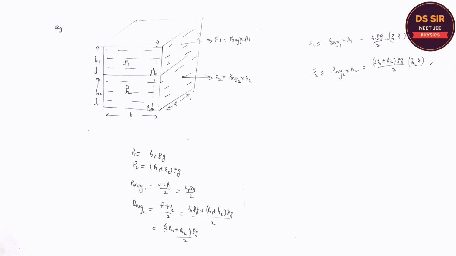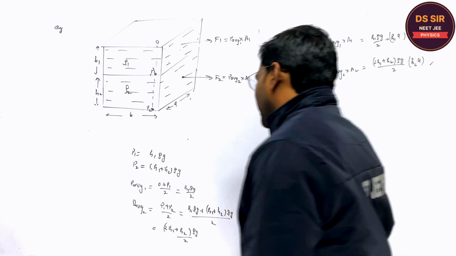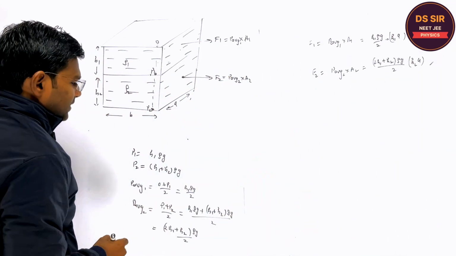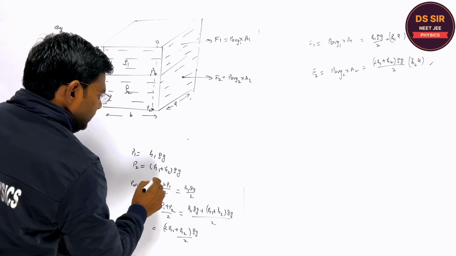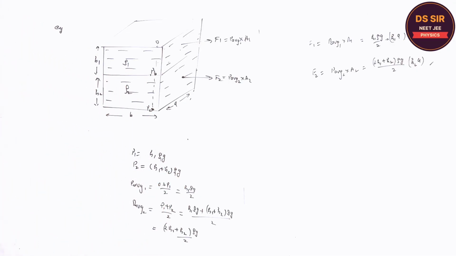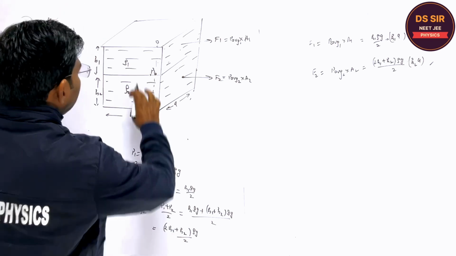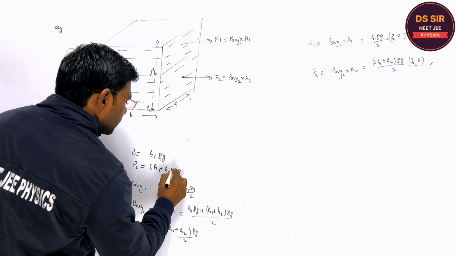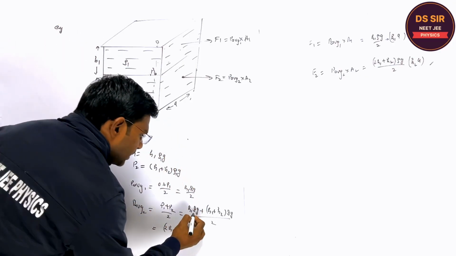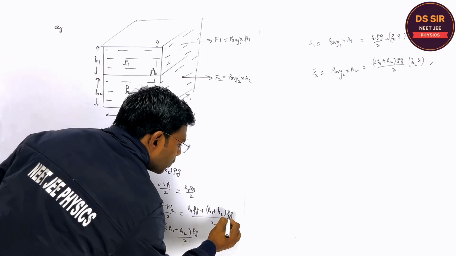Copy this. Oh, I made a mistake. Right, you are correct. This is the density rho 1, and this is rho 2.